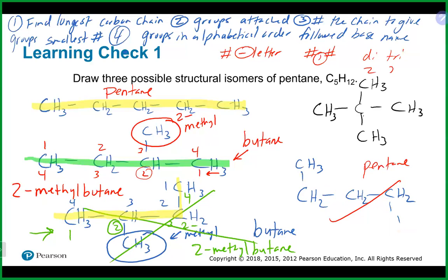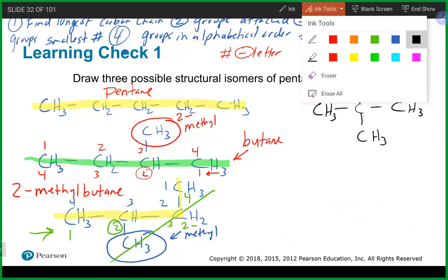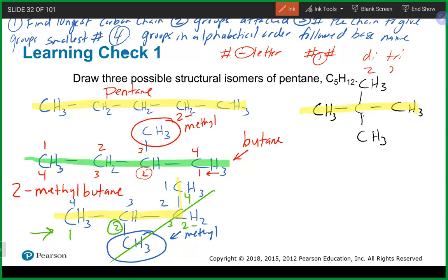Let's name it and see if we actually did better than our bad job on the rest of them. All right. So looking at this one here, longest continuous carbon chain is how many? It is 3. You could get it multiple ways. You could go straight across. You could also go straight and up, or even go from the middle, just straight down, and get all three. So 3 is the longest, so that's looking good so far. 3 carbons is propane, right?